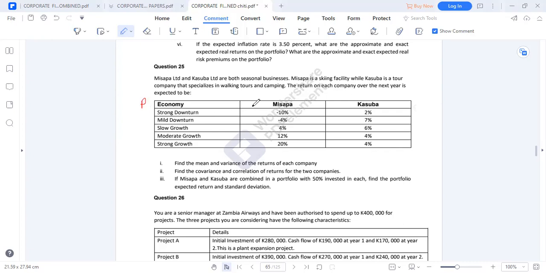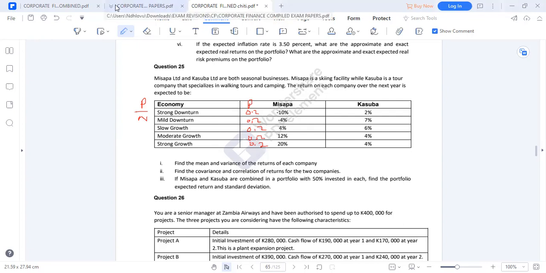So each probability will be 0.2, 0.2, 0.2, 0.2, 0.2. If there were 4 probabilities, we would divide the 100% by 4. We're dividing by 5 because we have 5 states of nature.